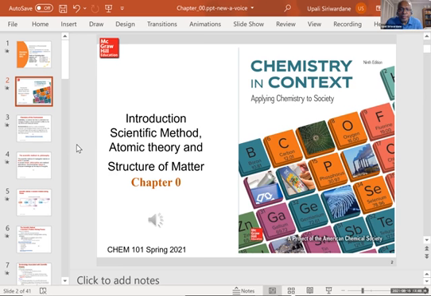Matter, in the form of solid, liquid, and gases, consists of atoms and molecules and ions of various elements.